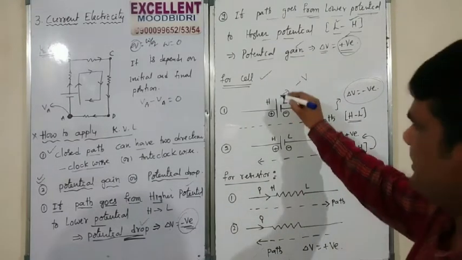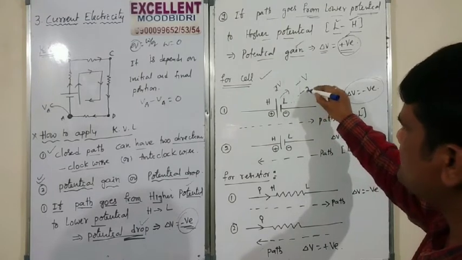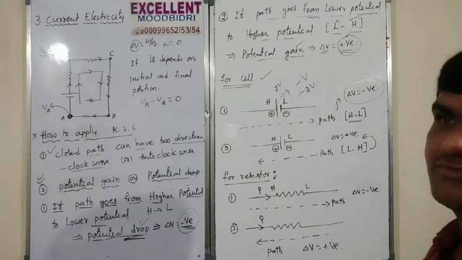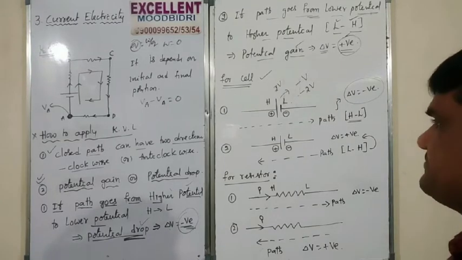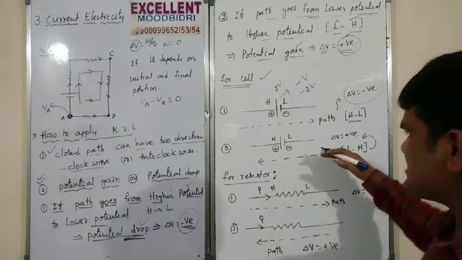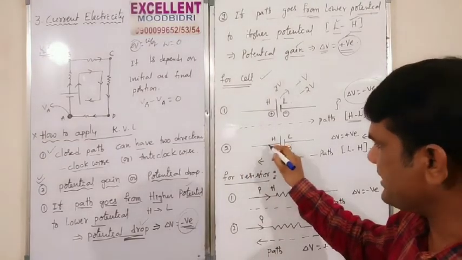For example, if this potential is 2 volt, now I will consider minus 2 volt in the circuit. Next, my path is in the opposite direction, that means from lower to higher.